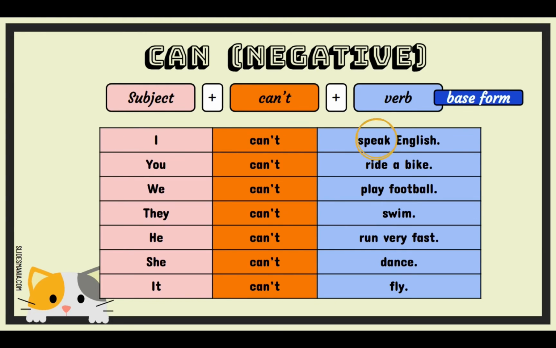Speak, the verb, needs to be in base form. Next, you can't ride a bike. We can't play football. They can't swim. He can't run very fast. She can't dance. It can't fly.